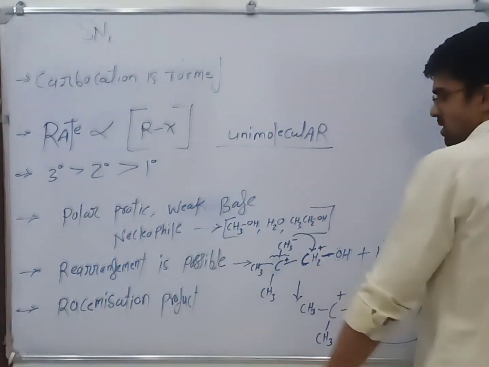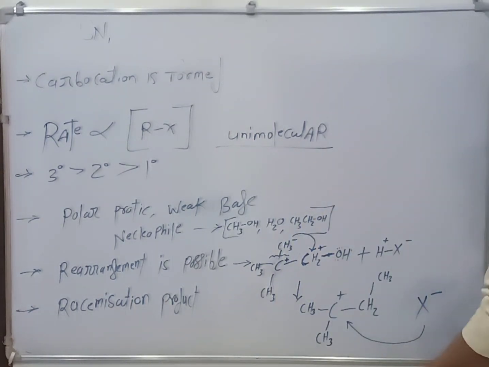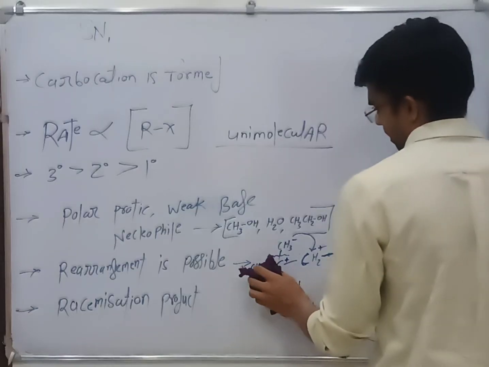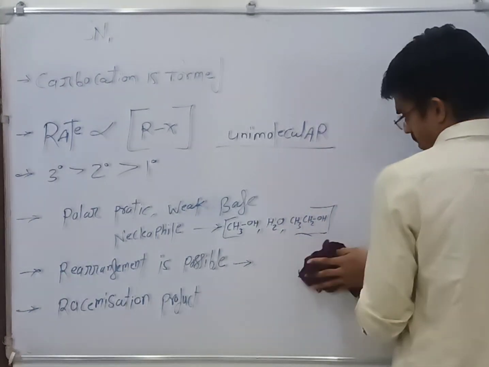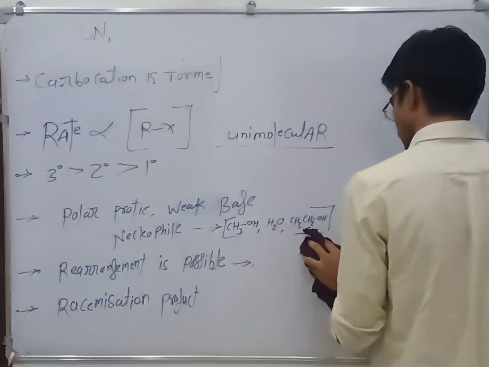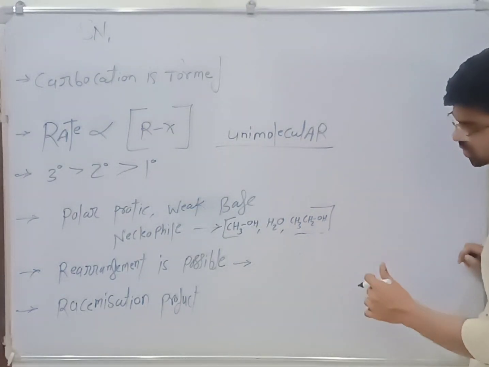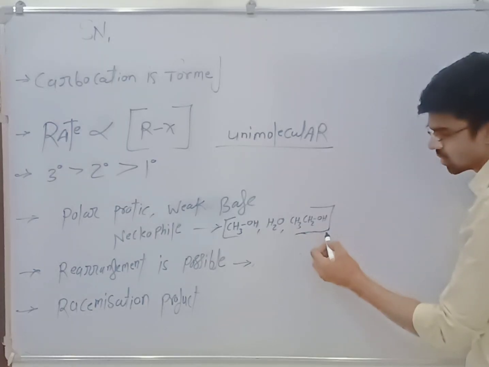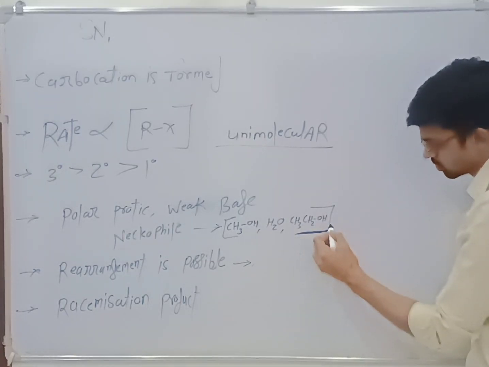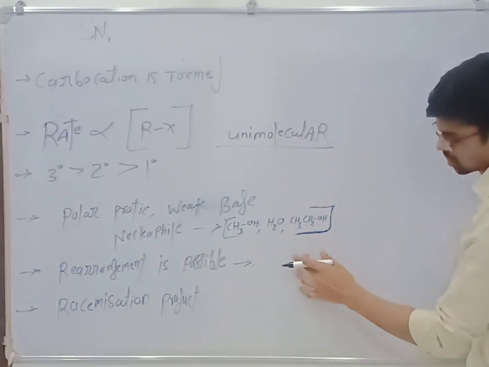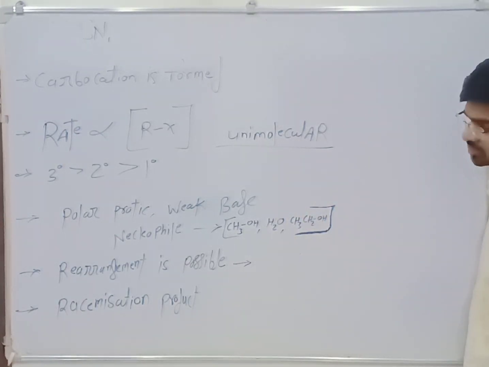Next one is racemization. What is racemization? See, optically active organic compounds are able to rotate plane polarized light to the left or right direction.